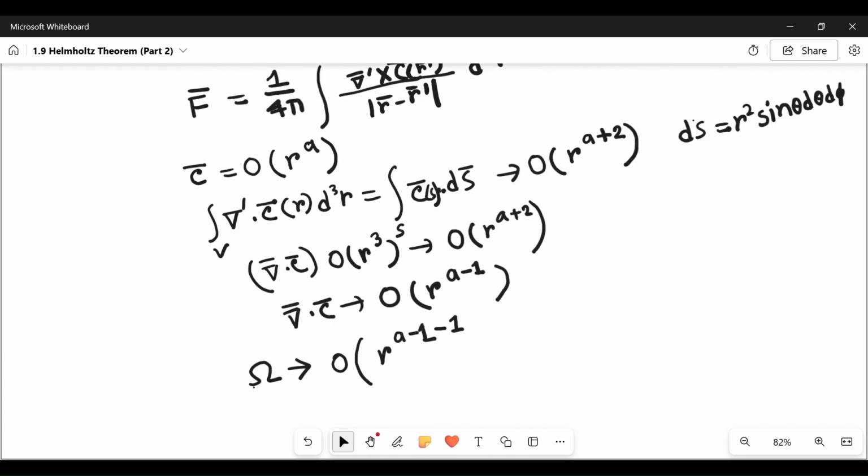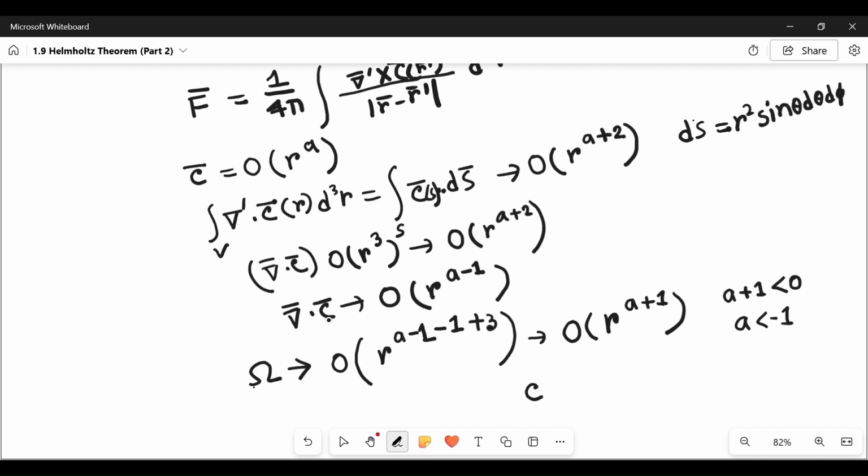Then there is an infinitesimal volume which is of order 3. So it is of order r to the power a plus 1. The condition is omega should converge all over the space. So a plus 1 should be less than 0. So a should be less than minus 1.